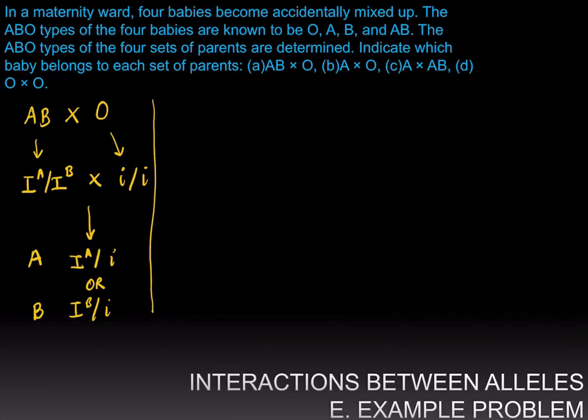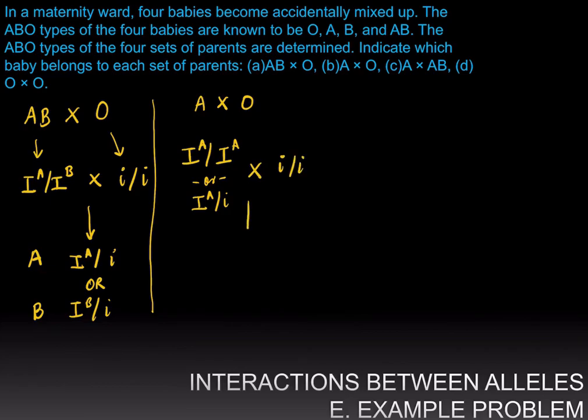Now we can work out the next cross. We have A crossed with O, and that means our cross is IA over IA or IA over i, crossed to little i over little i.